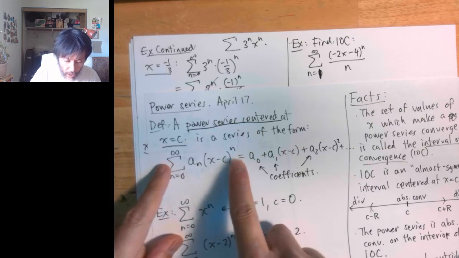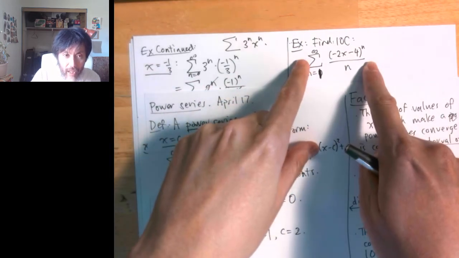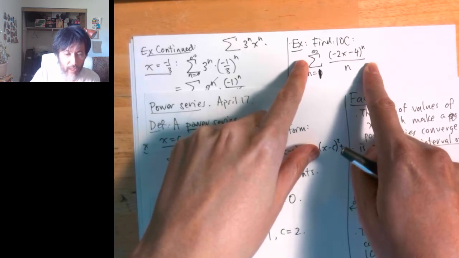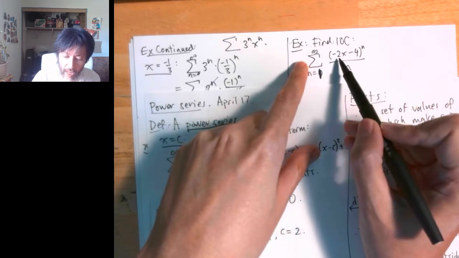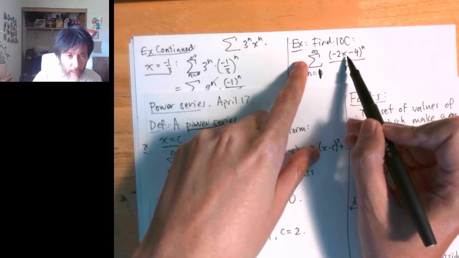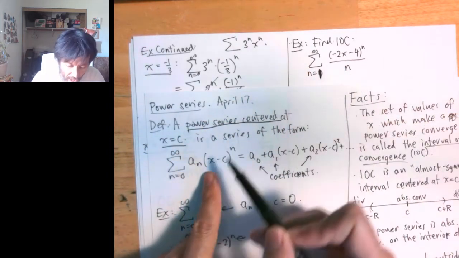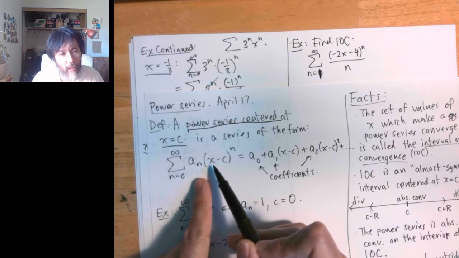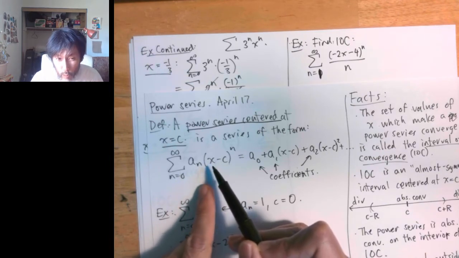Now compare this with that. It looks different. How does it look different? It looks different because here I have a negative 2 multiplying by x. I don't have any coefficient or number in front of the x here. So I really need to fix that.